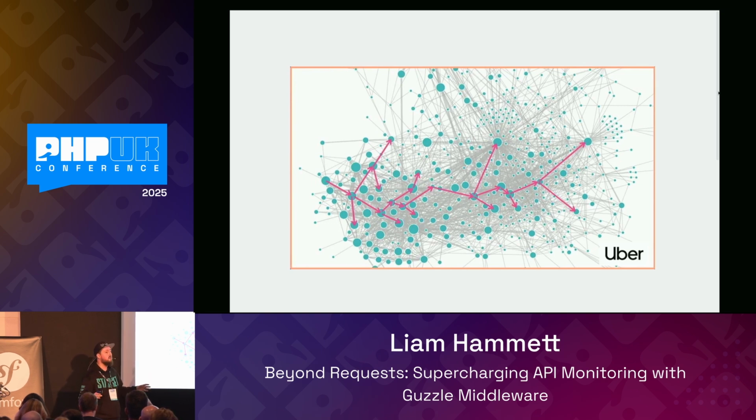Uber does so much stuff, and they really leaned heavily into microservices. So they're calling APIs throughout all of these things. So what do you do if you have your application here, but something's going wrong down here? How do you even start to think about tracking that and knowing what went wrong and how you can fix it? It's really difficult unless you know the right tools to use.